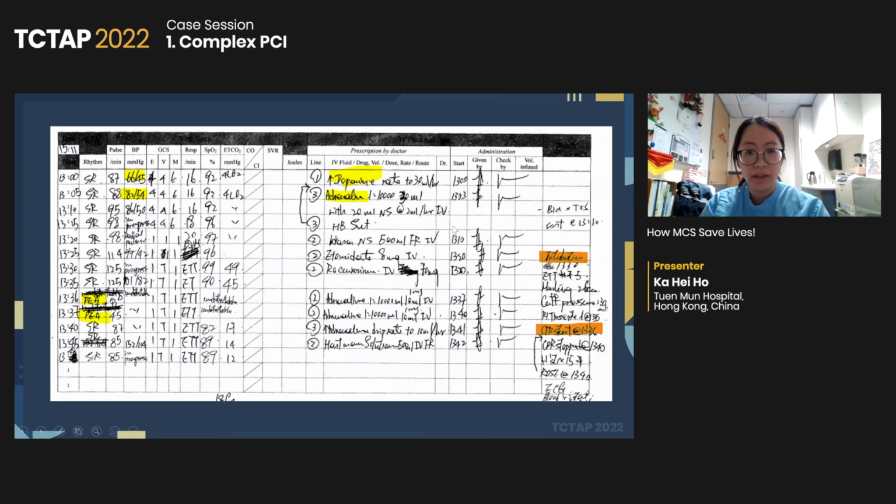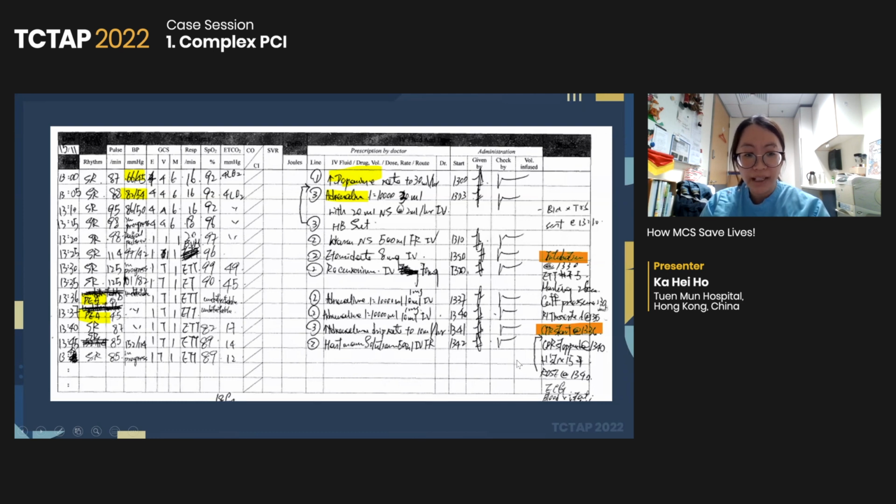He was put on dopamine and adrenaline and also fluid resuscitation. Because of very borderline saturation, we decided on intubation before we proceeded to primary PCI. But unfortunately, after intubation, the patient had a PEA arrest, and we started CPR.